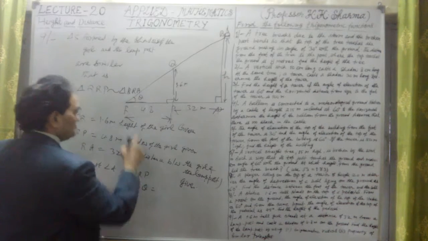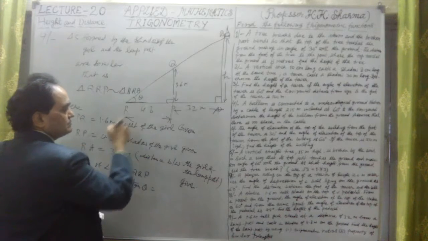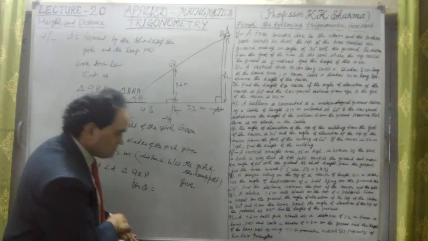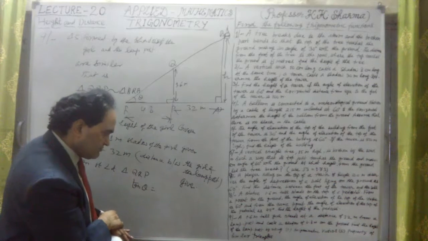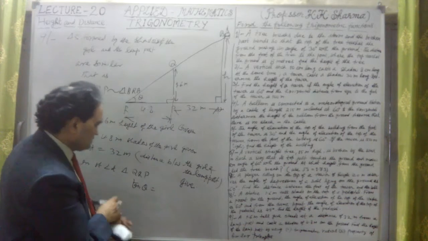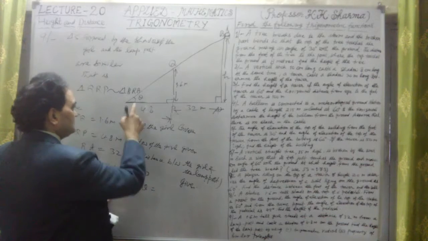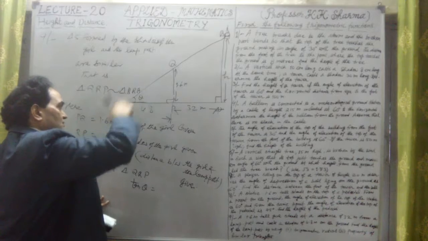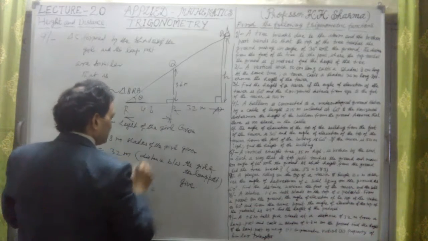Theta is the angle of elevation or angle of depression. Nothing is given, no angle is given. So tan theta, where theta is the angle of elevation from the post. Angle of elevation in this case.